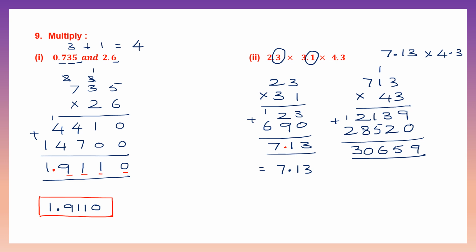So we've got this number. Now let's go back to our question. There are 2 decimal places here and there is 1 decimal place here. 2 plus 1 is 3. So our answer also should have 3. So 1, 2, 3, the point comes here. So what do we get here? 30.659. So the final answer to this question is this, 30.659.